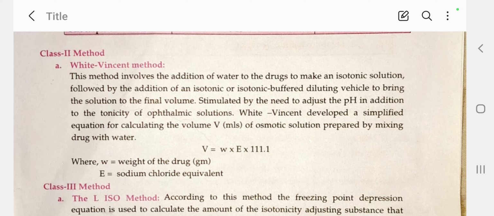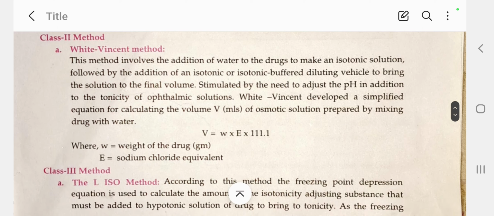From the sodium chloride equivalent method, we saw how to calculate the isotonic value of pharmaceutical drug substances, and by using the cryoscopic method, how we can adjust quantitatively, with calculations too. This class we will see the class 2 method.